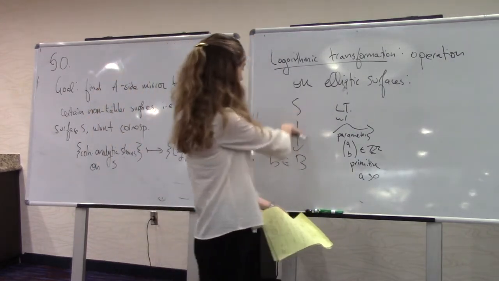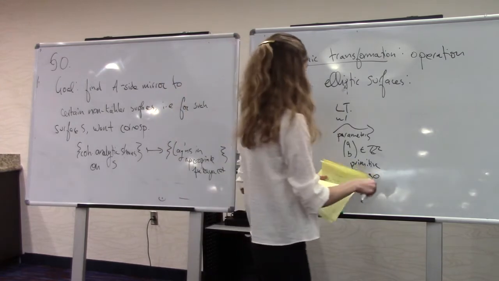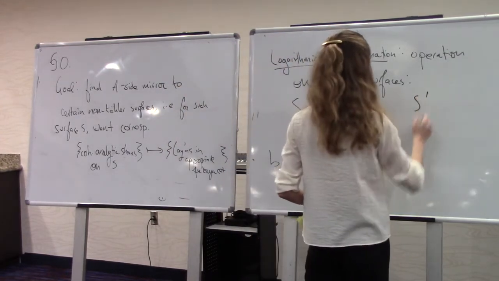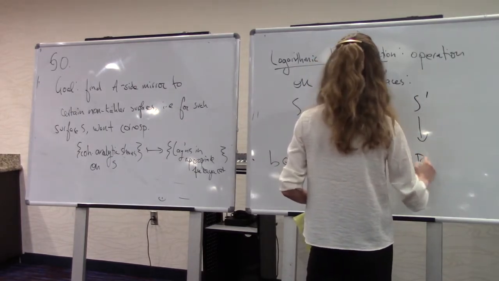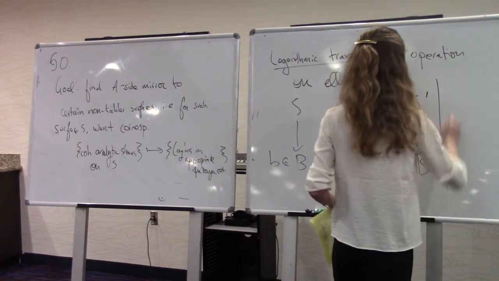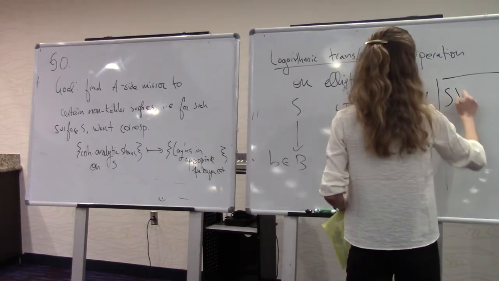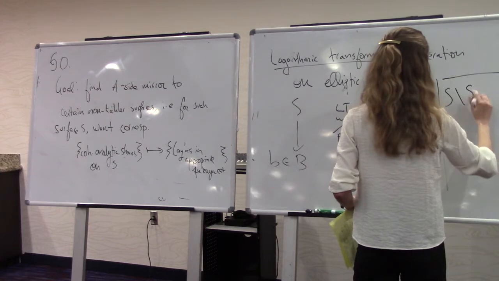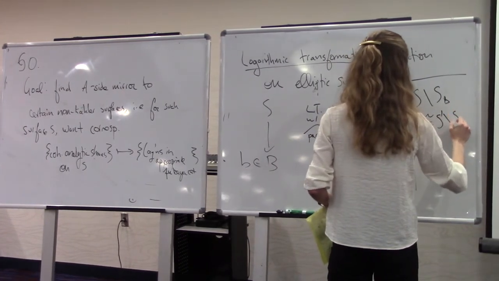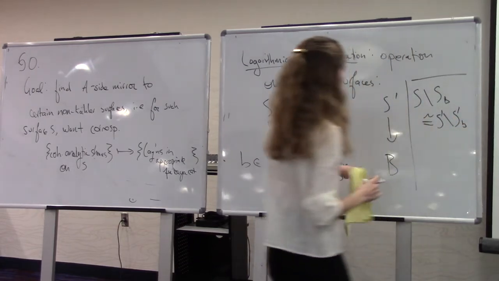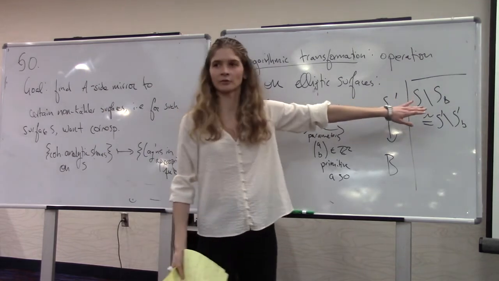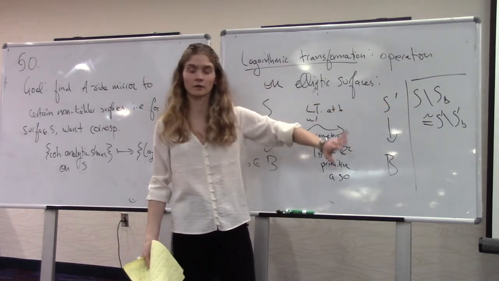So you take an elliptic surface, you do a log transform at b, and then you get a new surface S' over B. The result is that away from the fiber over b, you have a biholomorphism, and it respects the elliptic fibration. So really away from this fiber, it's the same complex surface.